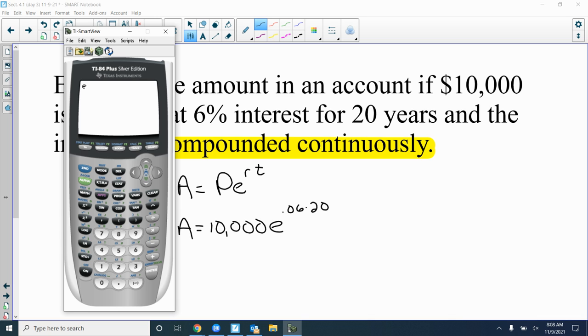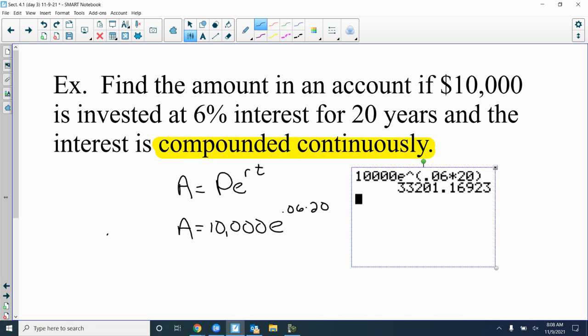We need to take e to a power, so I'm going to do 10,000 times e to the, and it automatically gives me a parenthesis. Yours probably just gives you that little box. 0.06 times 20. $33,201.17.